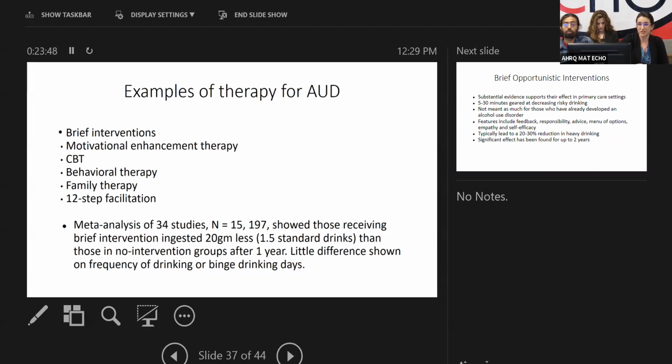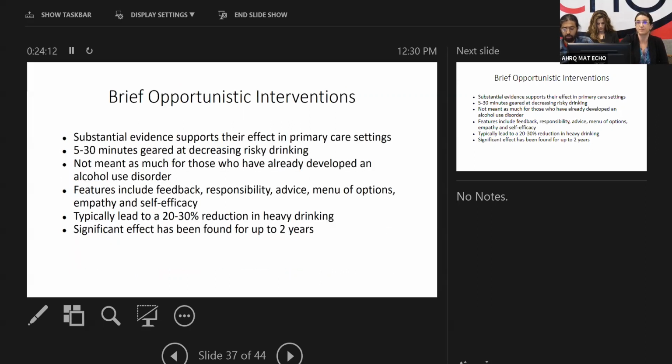Brief intervention has been studied a lot. A meta-analysis of 34 studies showed a decrease in the amount of alcohol for those patients who experienced the brief intervention as opposed to those who had none. But it did not show much difference in the frequency of drinking or binge drinking patterns.